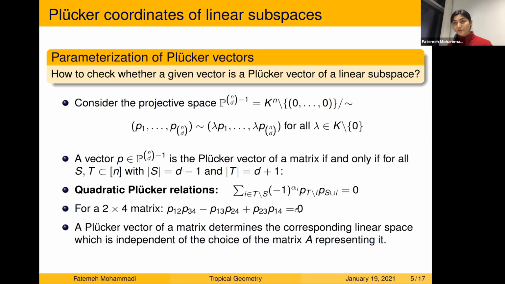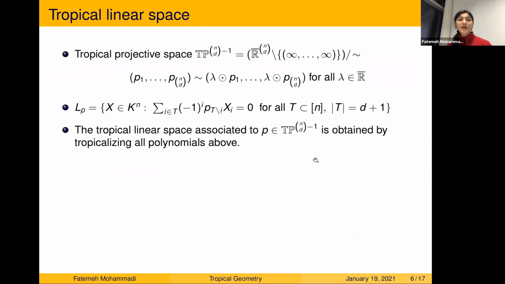Any other question? Okay, perfect. So let me just leave it here. Okay, good. And then I said, you have a linear vector space defined by linear equations. In order to define the tropicalization of this variety, I have to tropicalize every polynomial which is a combination of these.